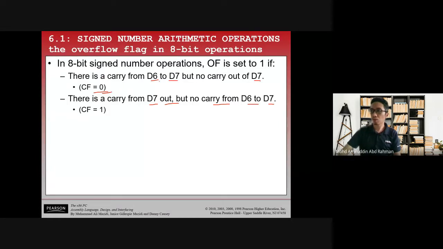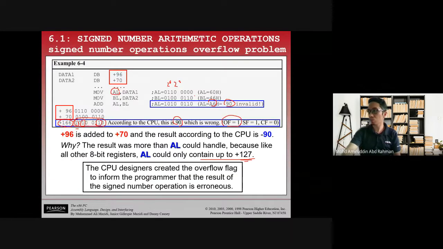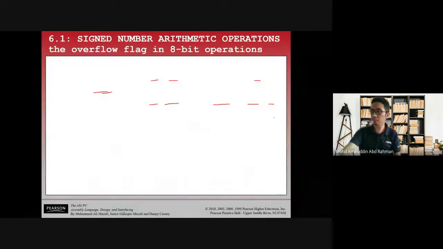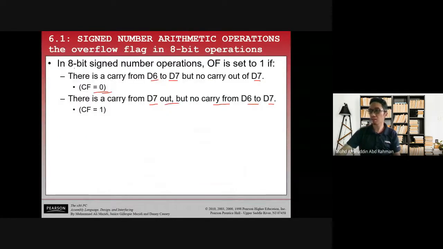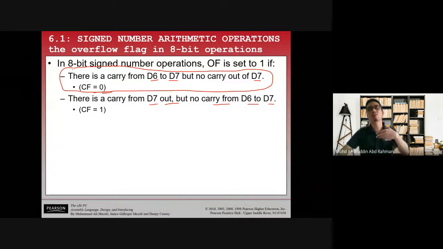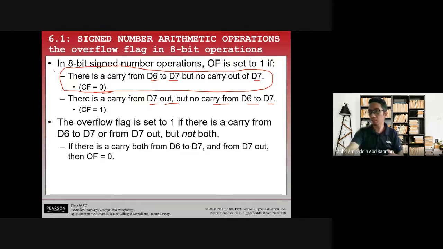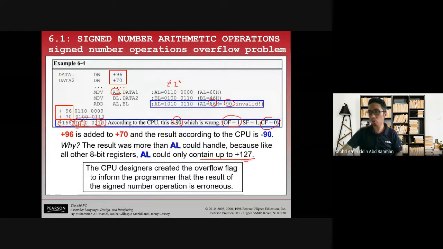So over here, OF is 1 and CF is 0. So meaning this is this case. There is no carry out from D7 because it is just 1 here, so you don't need to add another 1.